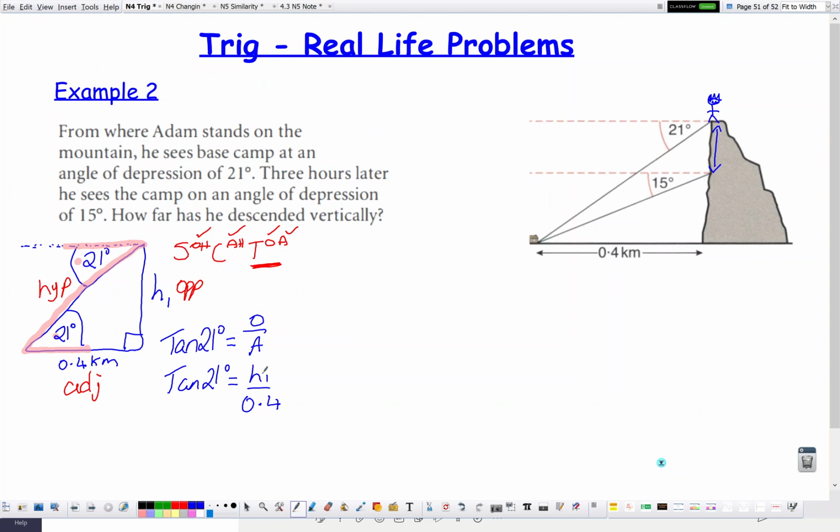To solve for this h value here, all I need to do, if you remember, is multiply both sides by 0.4, which brings this up to the left, times tan 21. So it's 0.4 times the tangent of 21, and that equals my h1. So h1 is going to equal whatever that is if you type it in.